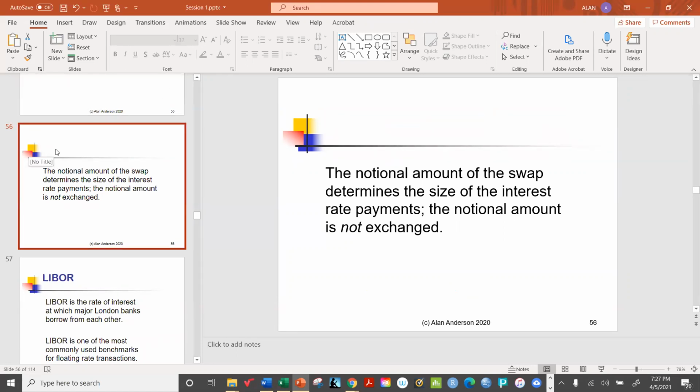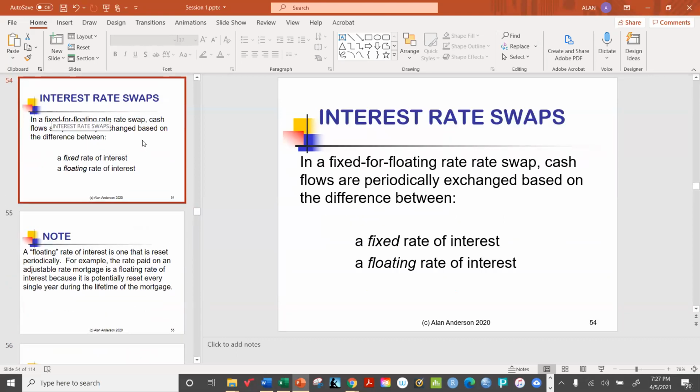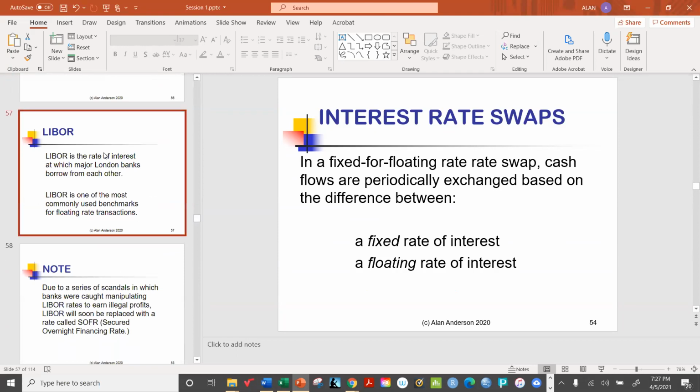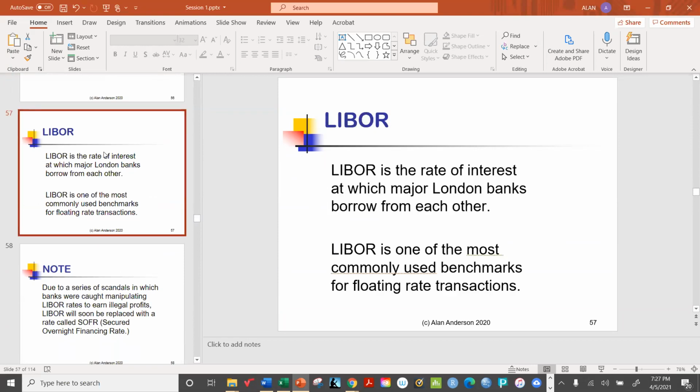Now, the floating rate side of a swap has traditionally been based on a special rate of interest called LIBOR. LIBOR stands for London Interbank Offer Rate, the rate at which the major London banks borrow from each other.